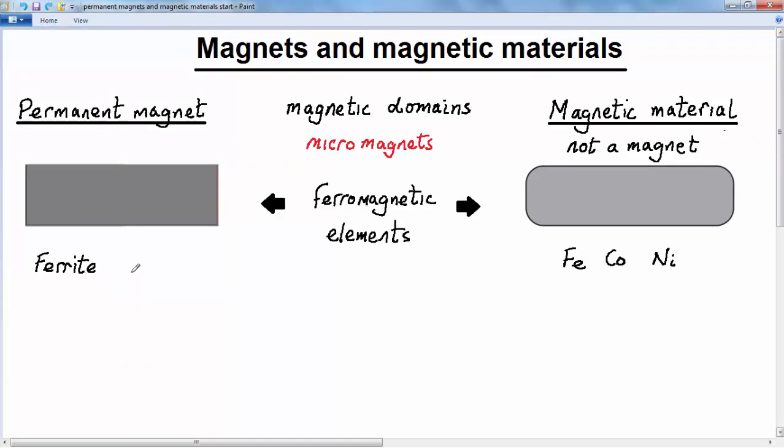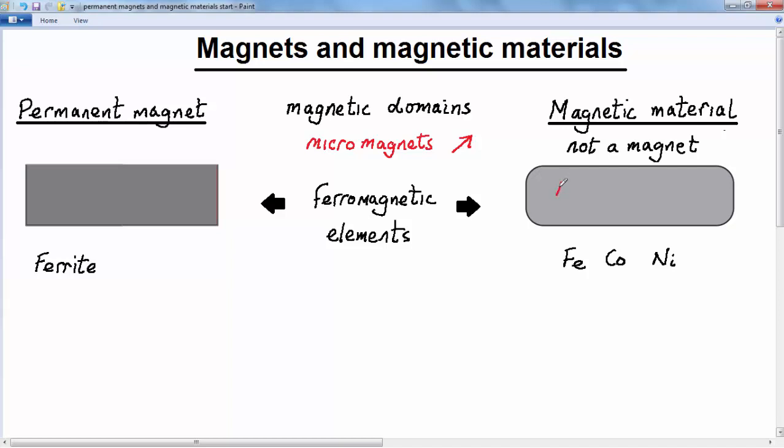Before we go on to discuss the components of a permanent magnet, first of all, let's look at the domains in each. We'll represent these magnetic domains with little red arrows, and these indicate the direction of the magnetic field produced by each of these magnetic domains, or micromagnets as I've called them. In the case of the magnetic material, what do these look like?